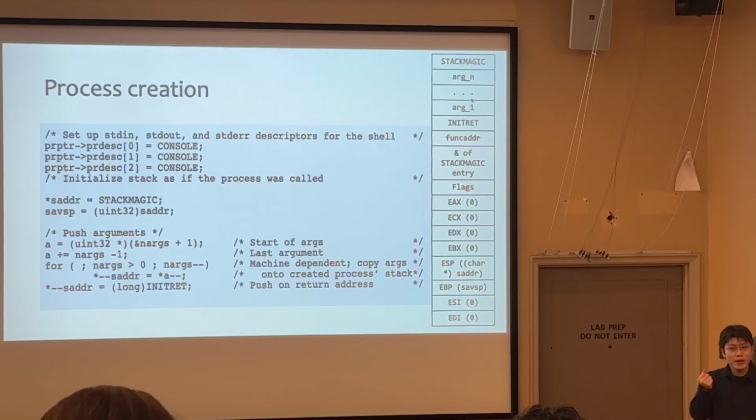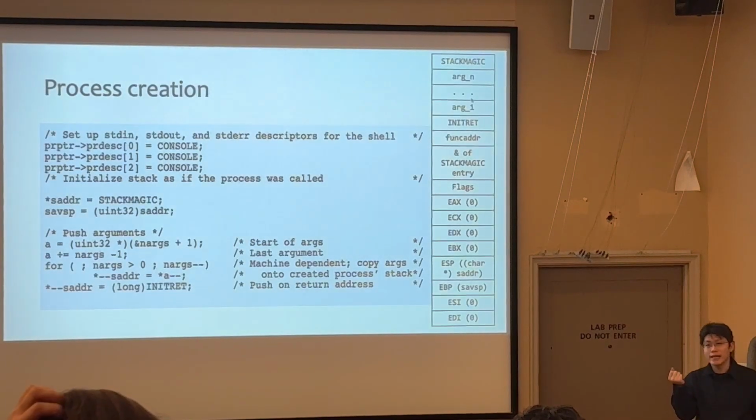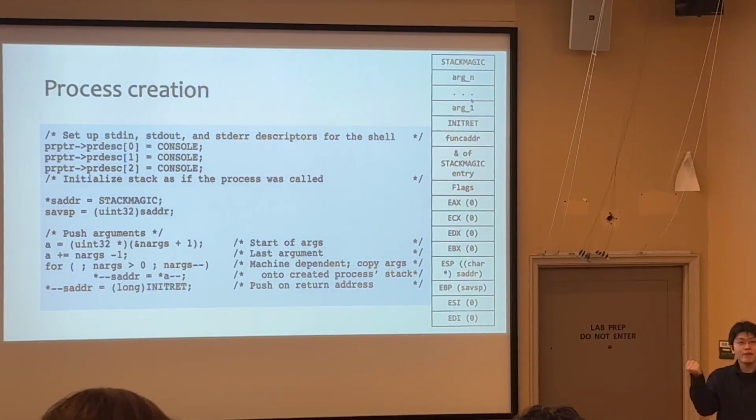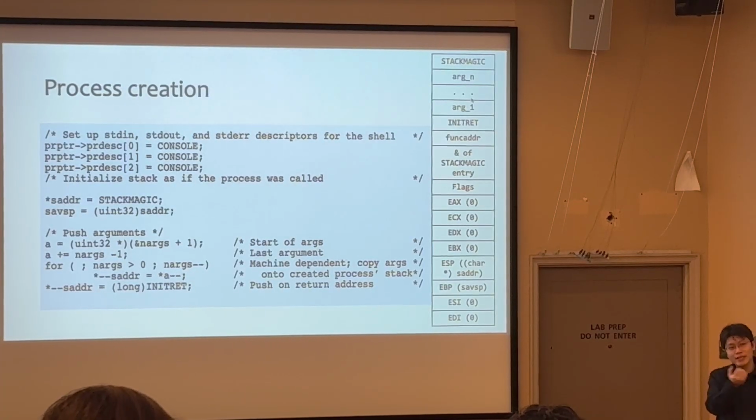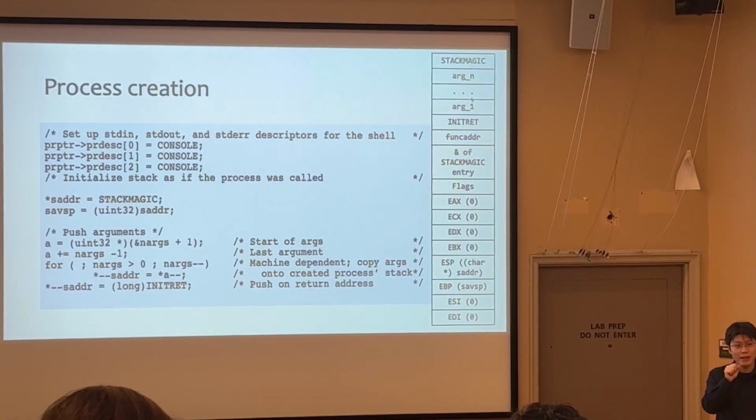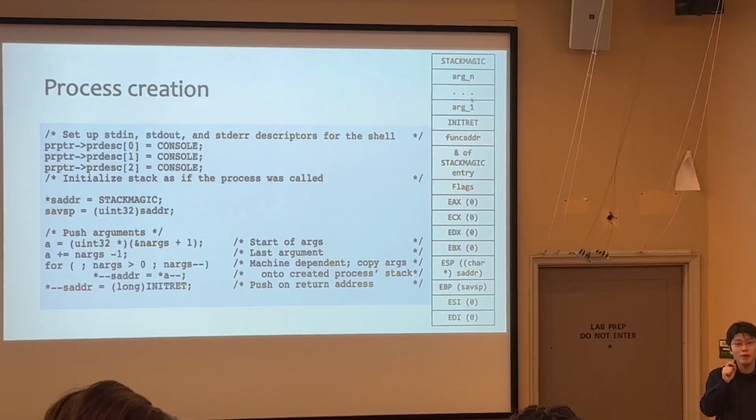So when you create a process, you give the process creation function a few parameters. One parameter is a function name or function pointer. It represents the function that you want to run using this process.